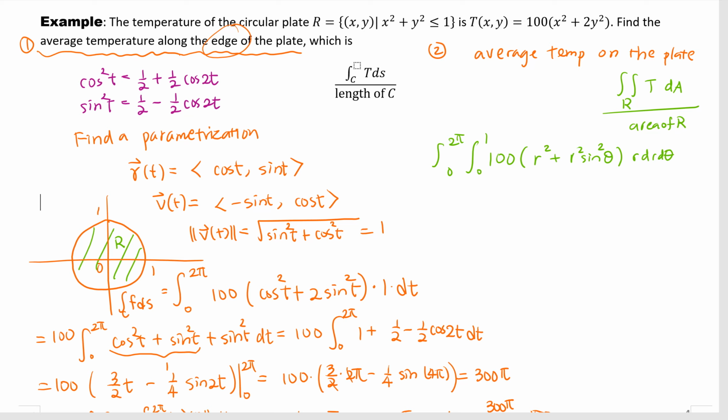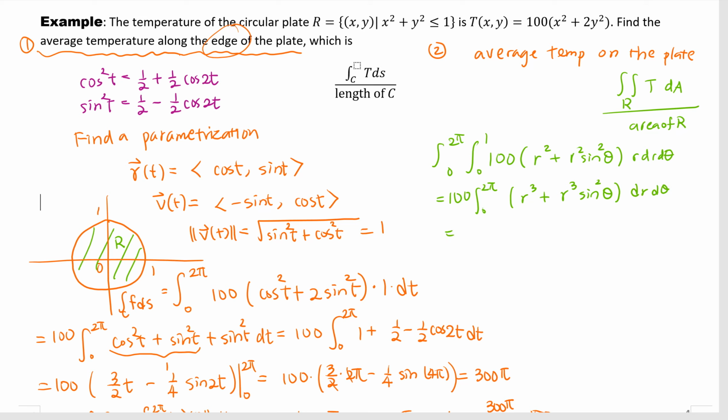And then how do we integrate it? First of all, let's distribute the r and let's move the 100 outside. So we have the integral of r cubed plus r cubed sine square dr d theta.